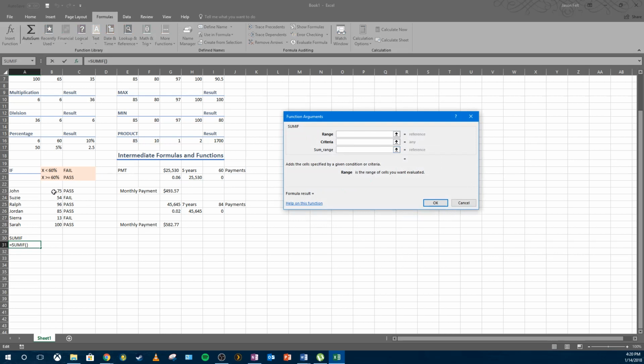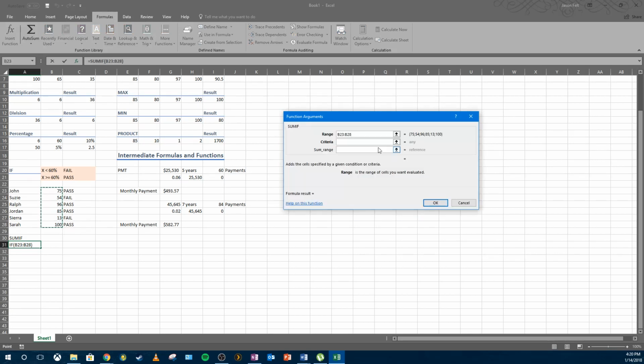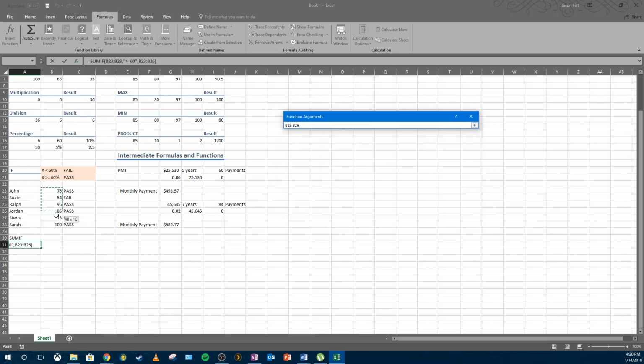Okay, the range is going to be B23 through B28. They need to be greater than or equal to 60. And our sum range will be the actual cells to use. Same thing here.